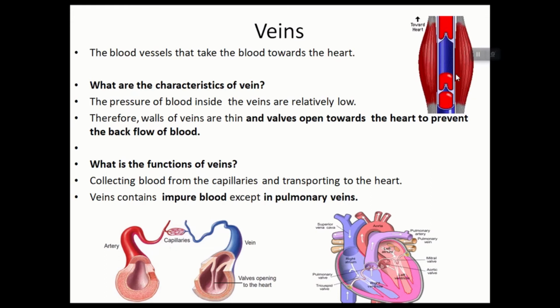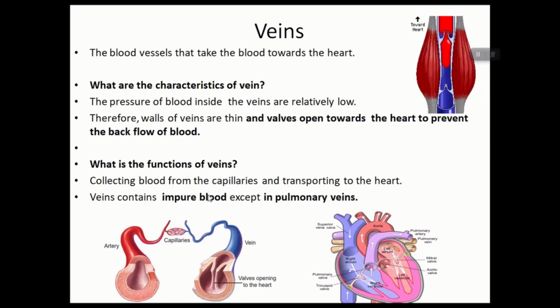Okay. Then what is the function of veins? Collecting blood from the capillaries and transporting it to the heart. It collects impure blood from the capillaries. Here you can see the capillaries, and it transports to the heart.